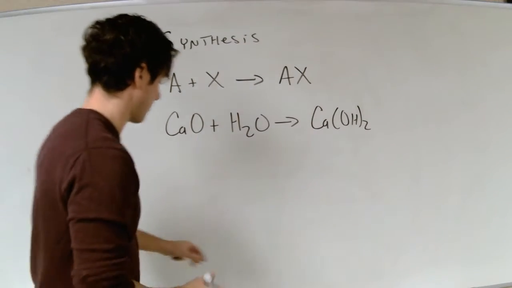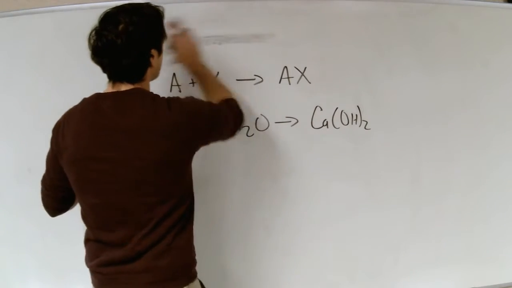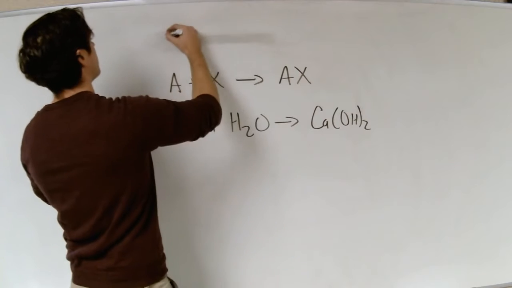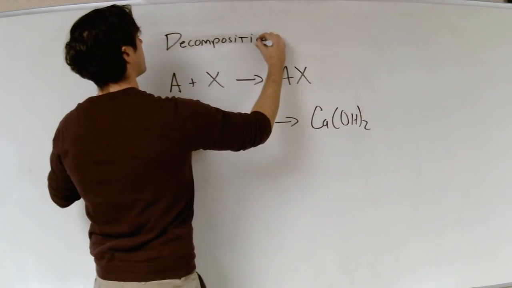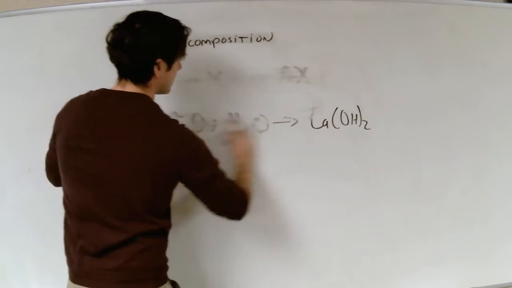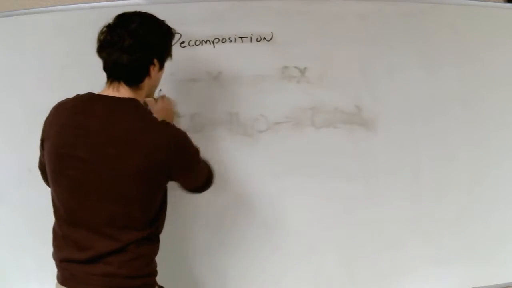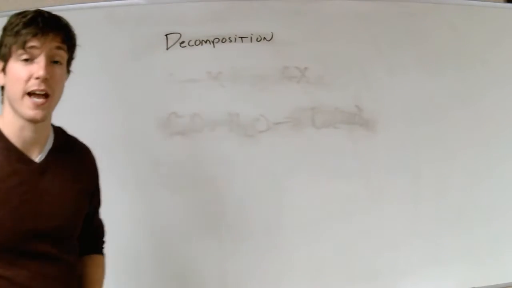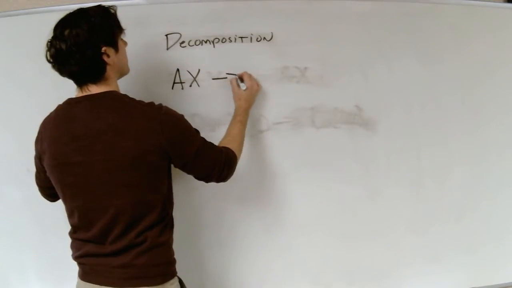Our next type of reaction is actually the exact opposite of this, and it is known as decomposition. So now, instead of 2 things joining together, like you would see in a synthesis reaction, you're going to have one thing becoming 2 things.